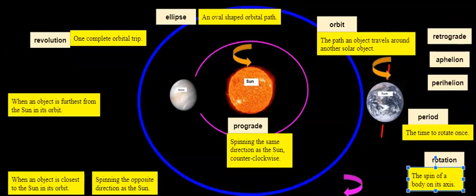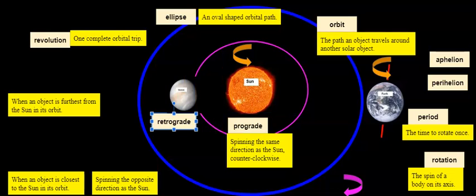Okay? And the other type of rotation, there are a couple objects in the solar system that don't rotate the same direction as the sun. And that's called retrograde. And in fact, Venus is one of these objects that does retrograde rotation. That's spinning the opposite direction as the sun.